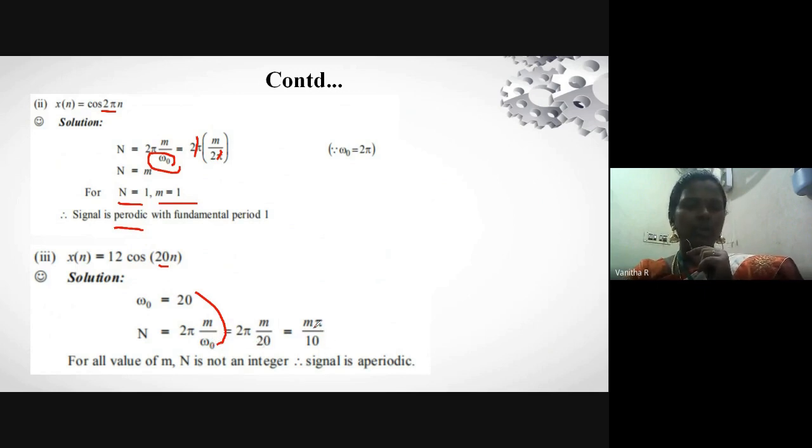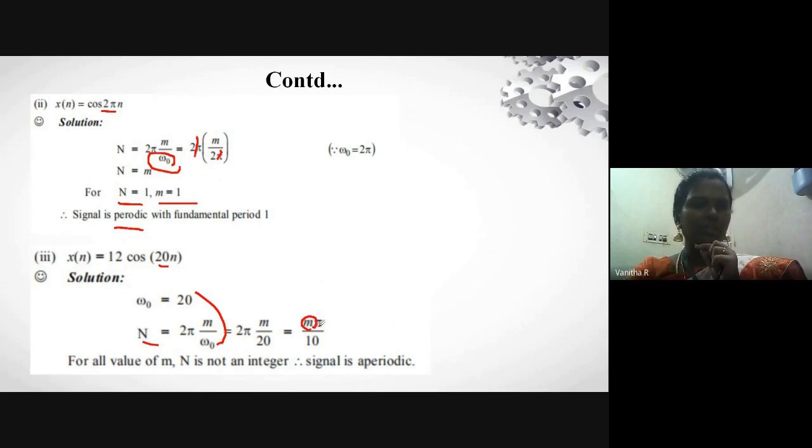See over here, I'm getting m pi by 10. Whatever values of m you put, you cannot make n an integer because you have pi. What is the value of pi? It is 3.14. So whatever value of m is chosen, you cannot make n an integer. So the signal is aperiodic.